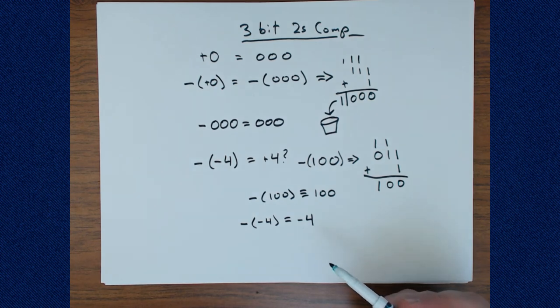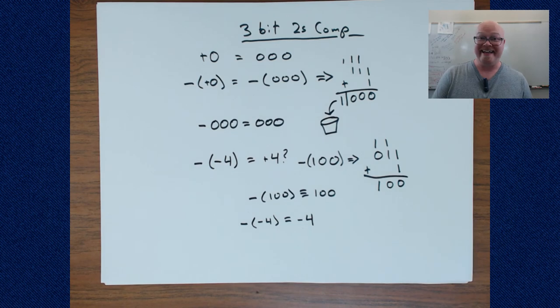Now, oddly, it's still okay. And the reason it's okay is because it's correct in the general mathematics sense. It's not correct to say that if you negate -4 in human land on paper, that you should get -4. But in our computer, we have constraints as to how many bits we can hold. So it would appear that our constraints have gone against us right now, and that we've ended up with a poor representation of the value we wanted.